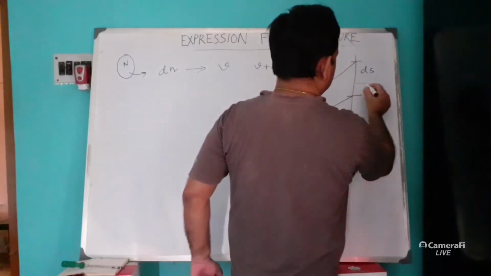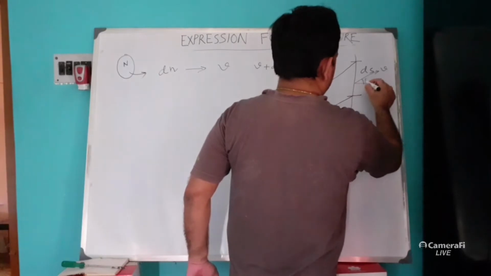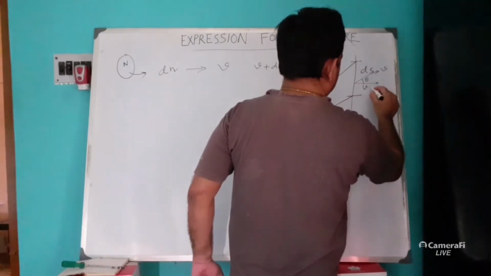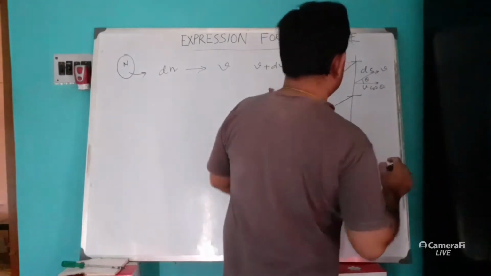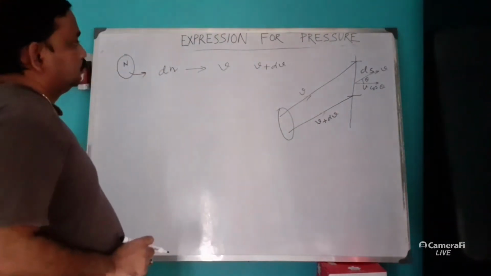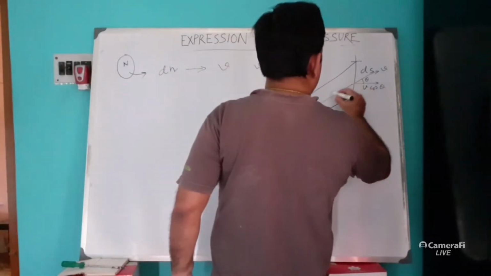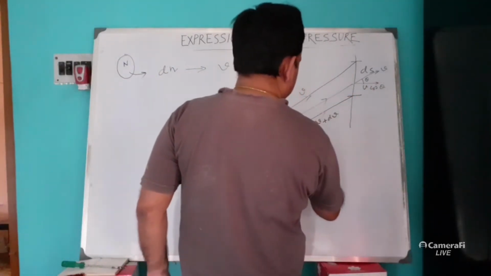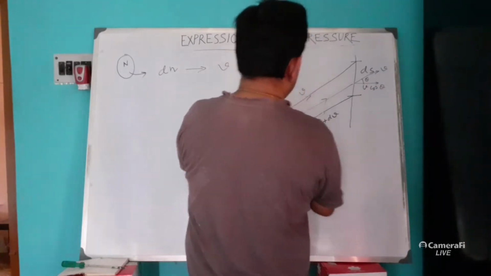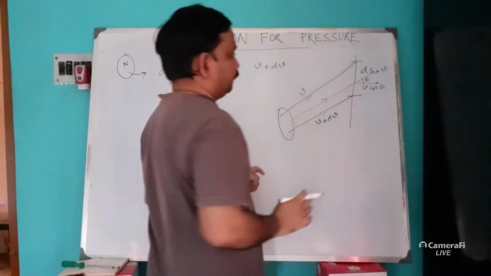So hence we can consider v cos theta, the component responsible for striking the surface. If we consider this together, this is the window and this is the surface of the vessel.